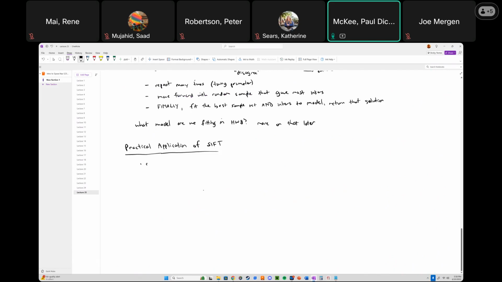So detect features in image 1, and then detect features in image 2. Then we would describe features, or I think the word is extract features.